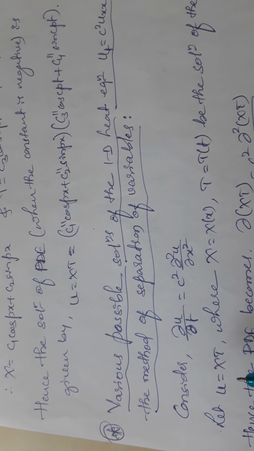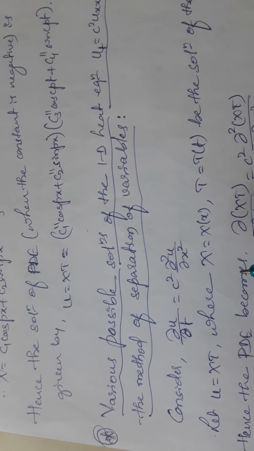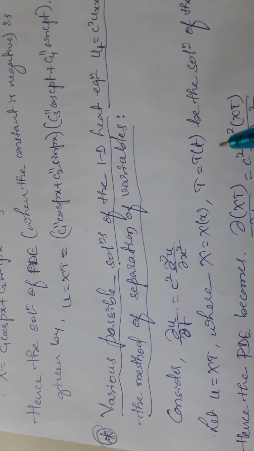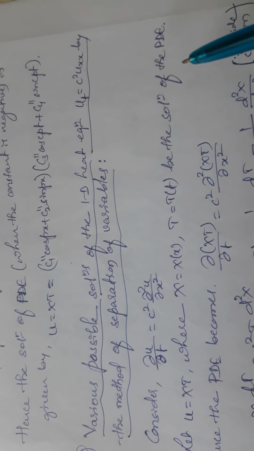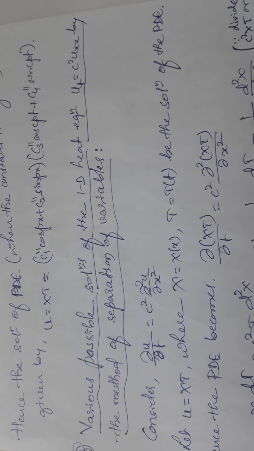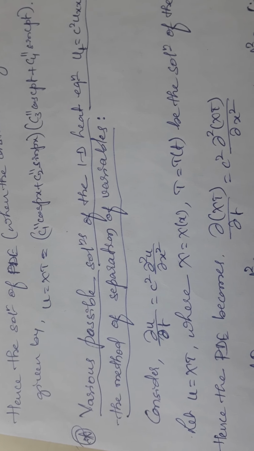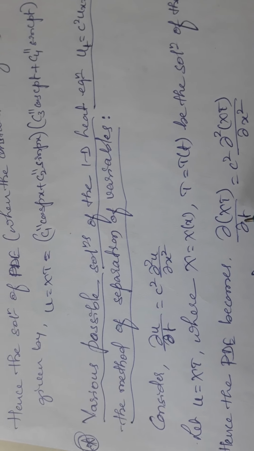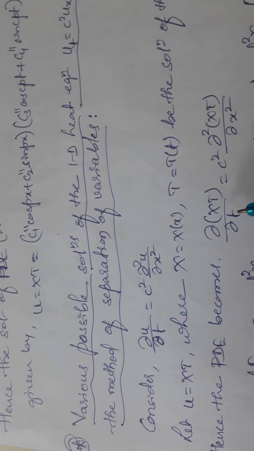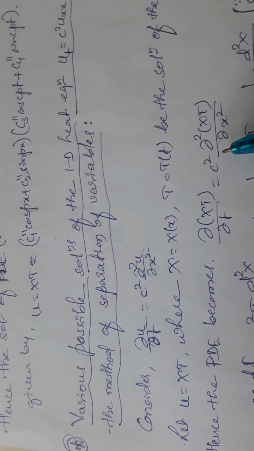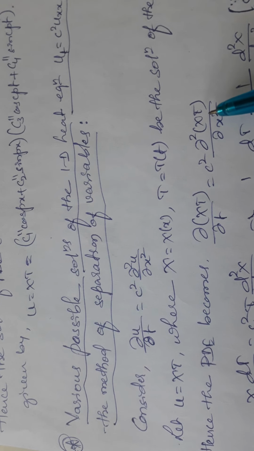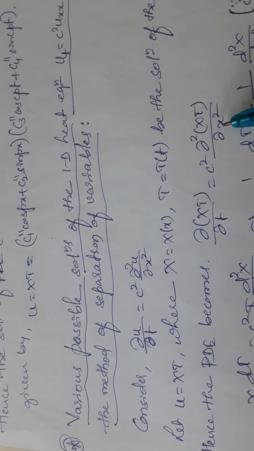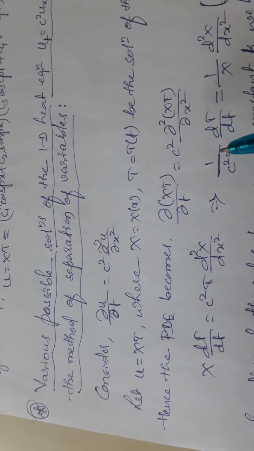Let us consider u equal to xt, where x is a function of x and t is a function of t, be the solution of the PDE. Hence the above equation becomes dou of xt by dou t equal to c square dou square of xt by dou x square.